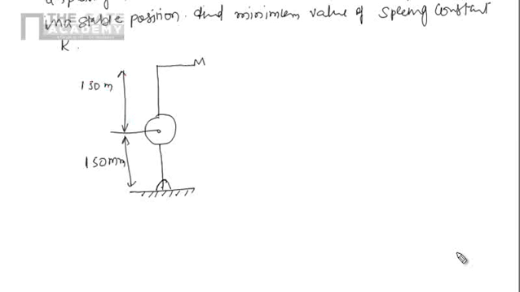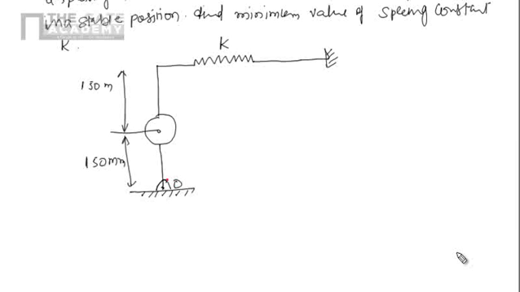This one is connected to a spring of spring constant K, and we have to find out the minimum value of spring constant K. So let's call this point O.